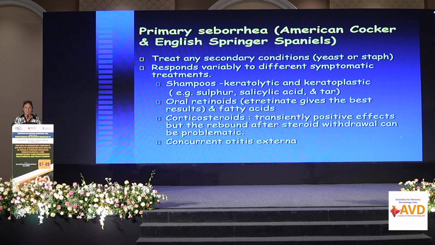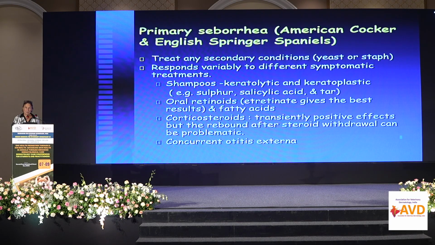So what's the difference between keratolytic and keratoplastic? Keratolytic is something like sulfur that will help you to remove all these crusts, right? Keratoplastic is something that should also slow down the rate of replication of the skin.